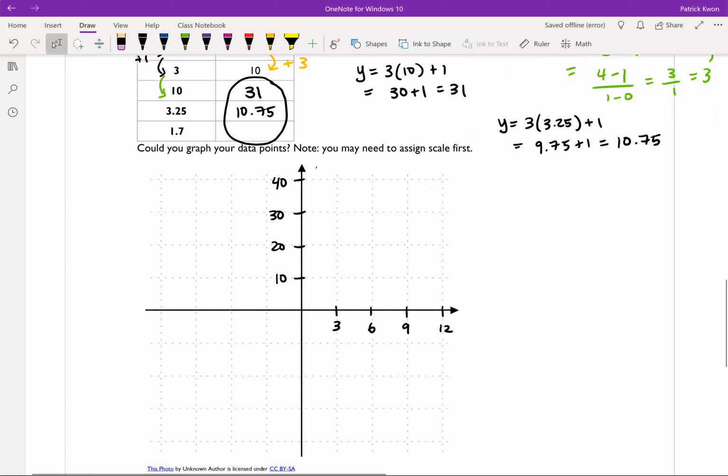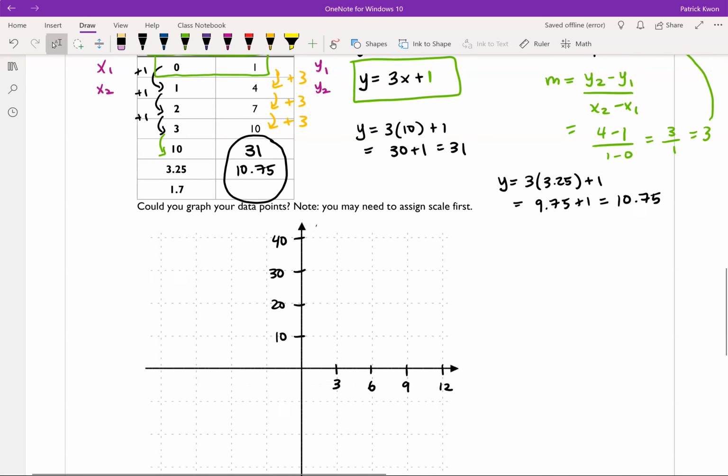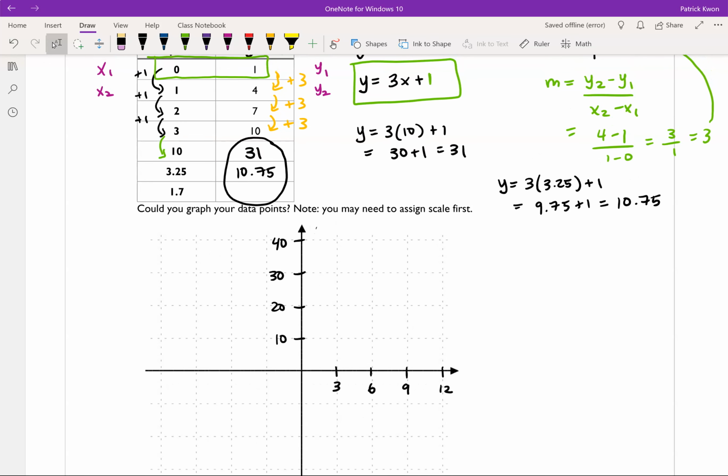I filled in our tick marks for this XY plane just to save us a little bit of time. And we want to graph these. So here's 0, 1, that's going to be right there. 1, 4 is going to be right here. 2, 7, it's going to be right there. 3, 10 is going to be right there, and 3.25 is approximately 10.75.